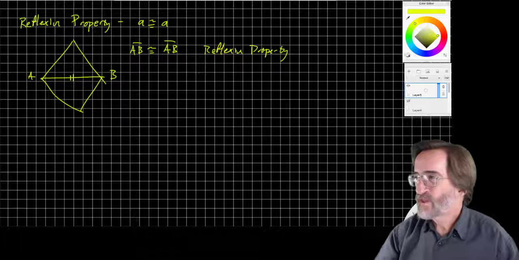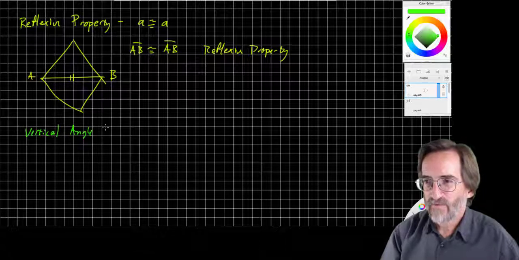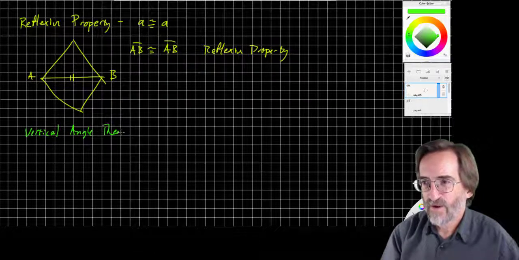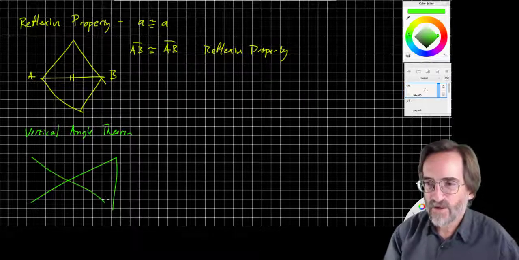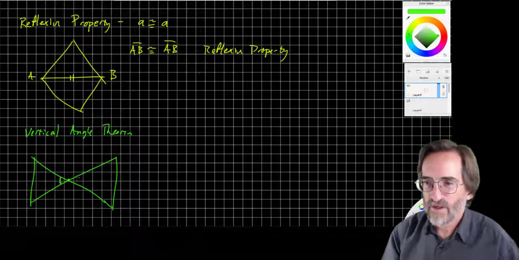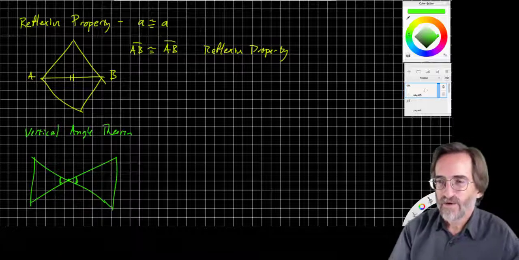Okay, reflexive property. Then there is the vertical angle theorem. And here's what this says. If we have this situation where two triangles have a vertex that forms vertical angles, that is, angles whose rays form opposite rays, right?